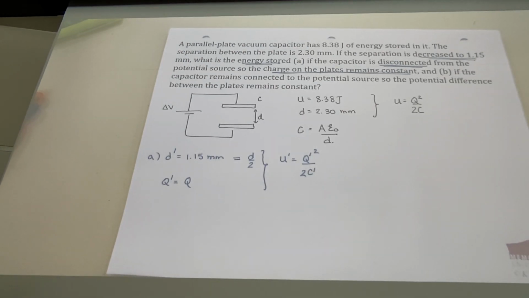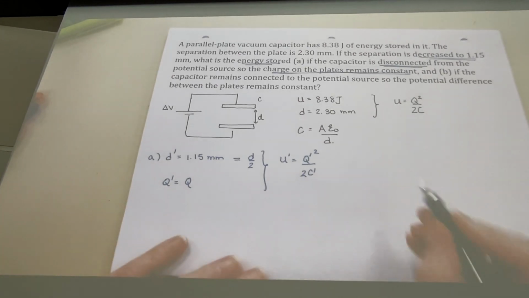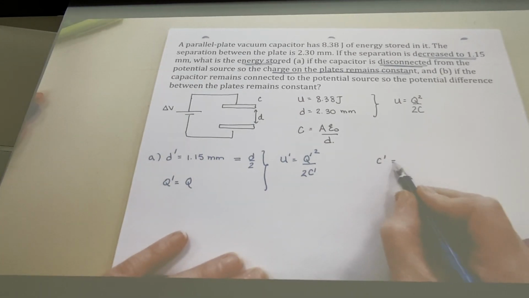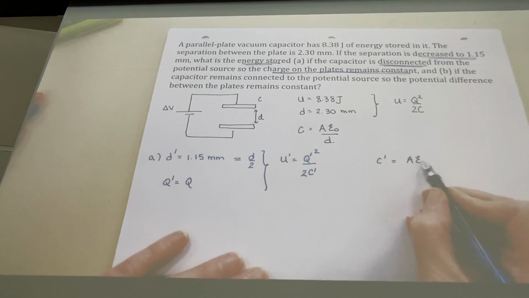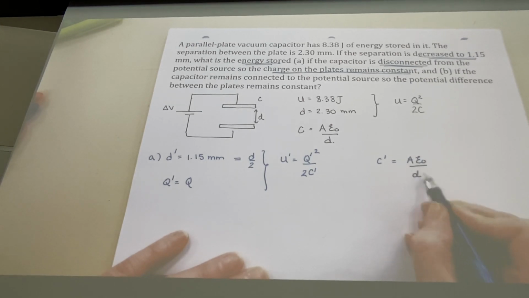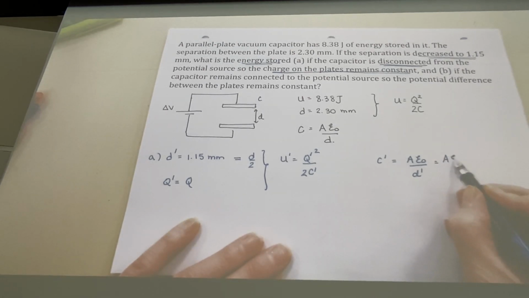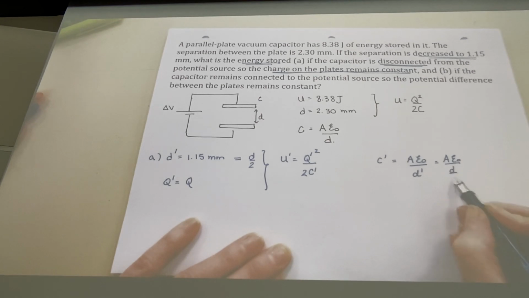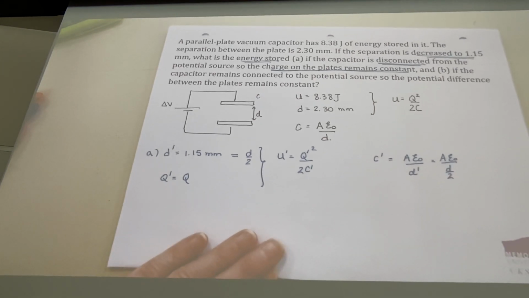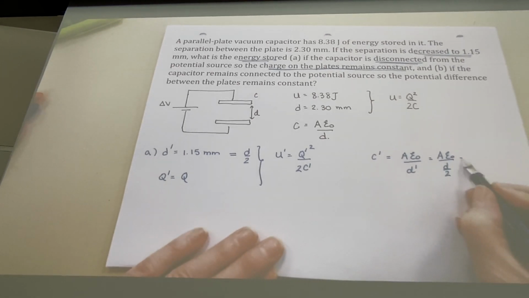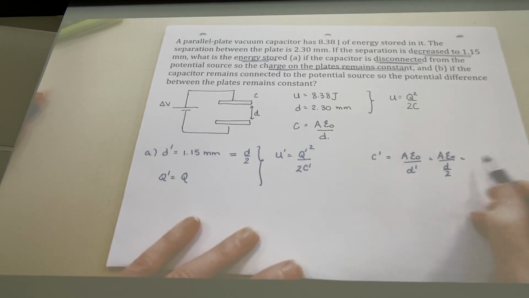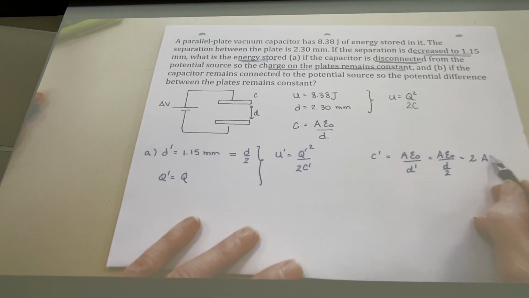The Q primed bit is easy, that doesn't change. My capacitance I'm going to have to figure out. My new capacitance is my area times epsilon naught divided by the new separation, A epsilon naught over D primed. That new separation is half the original, so I'll put in D over 2 there. That 2 is in the denominator of a denominator, so that's the same as 2 times A epsilon naught over D. That's my original capacitance.